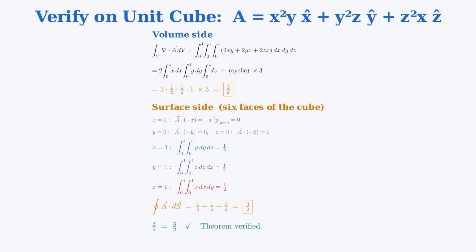Integrate z dx dz equals 1/2. Same for the face z equals 1. 3 faces, each contributes 1/2, total 3 over 2. Both sides match. 3 over 2 equals 3 over 2. The divergence theorem is verified for this cube and this field.